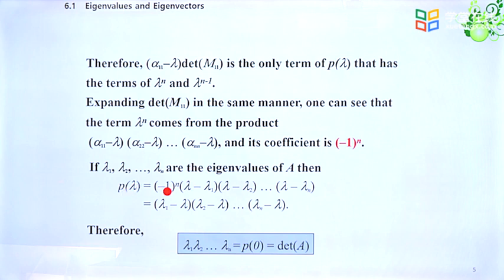And if lambda 1, lambda 2, till lambda n are the eigenvalues of this matrix A, then we have p(lambda) equals minus 1 power n times (lambda minus lambda 1) times (lambda minus lambda 2) till (lambda minus lambda n). And this equals (lambda 1 minus lambda) times (lambda 2 minus lambda) till (lambda n minus lambda).